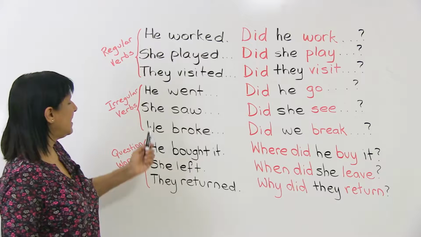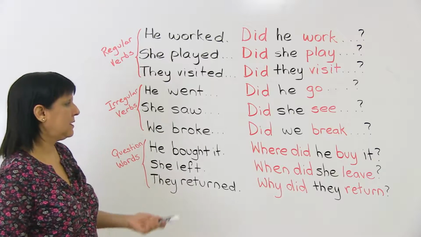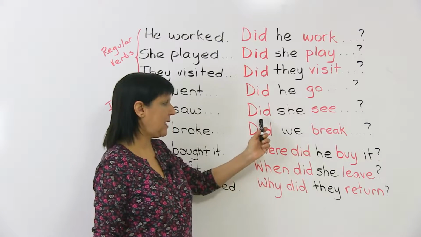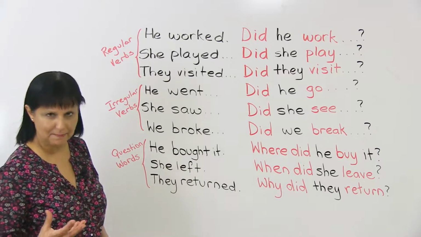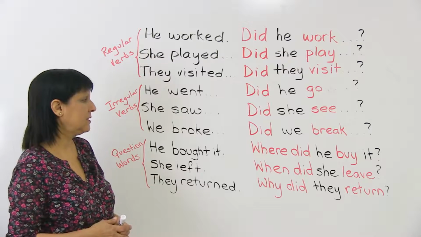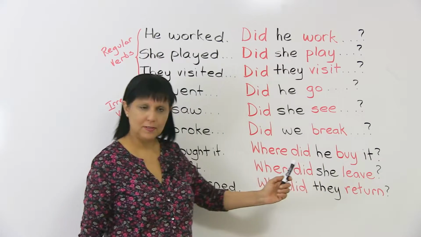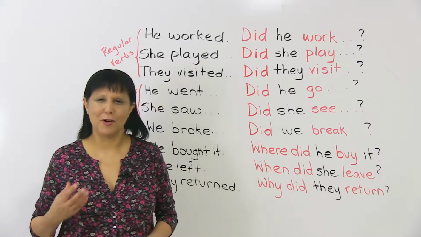All right. Next one. She saw him, for example. Question, did she see him? We add did, and we come back to the base form of the verb, see. We broke the bottle. Question, did we break the bottle? We added did, and we came back to the base form of the verb.